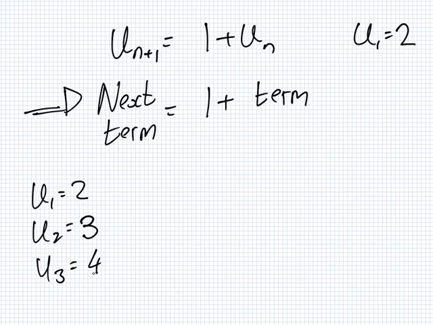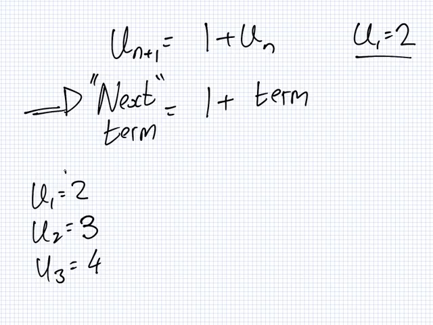So the answer feeds back into the formula. This is what the word recursive means. And what is the first one? This has to be given to you. You have to be told where to start. The un plus 1 stands for the next term.